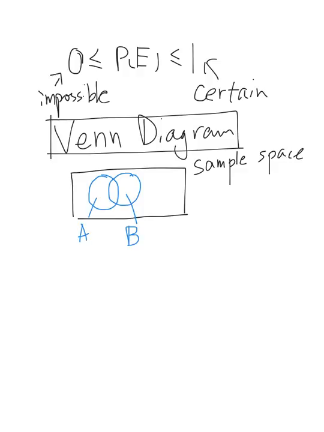Previously I talked about these three set notations. First is union. Take an example, A union B. A union B is talking about A or B. So for simplicity, the union notation means OR.